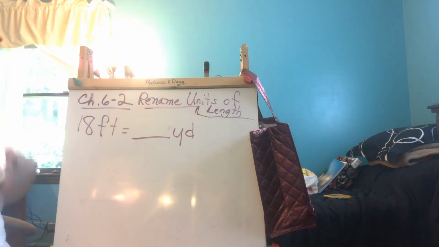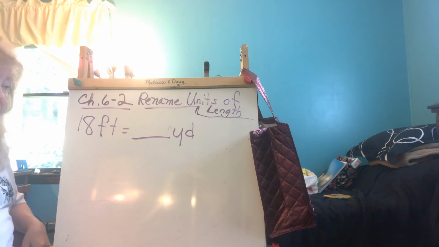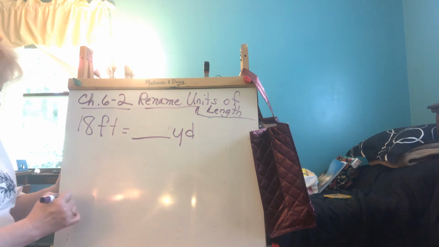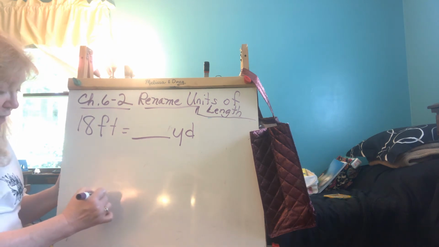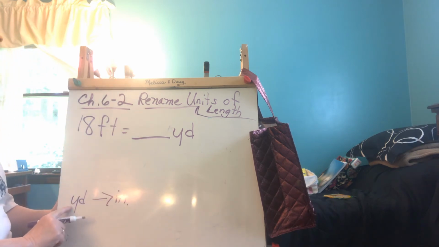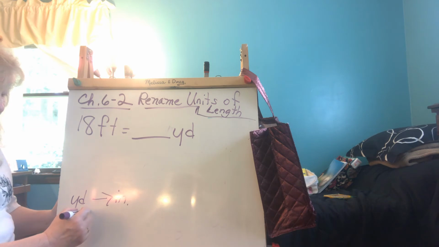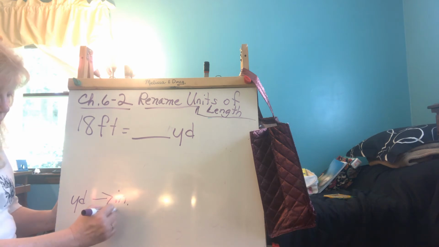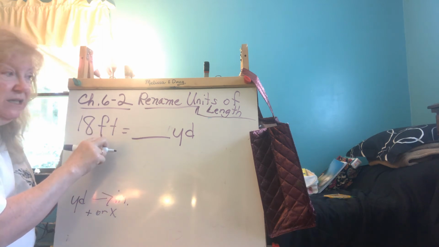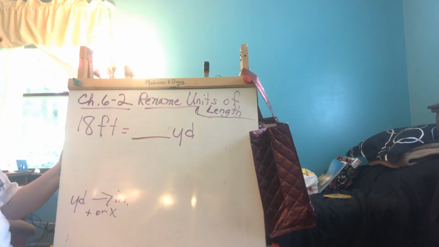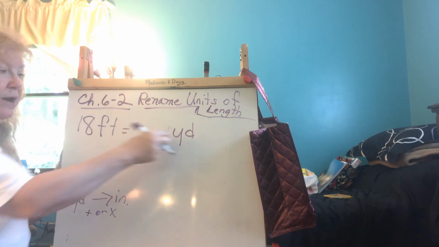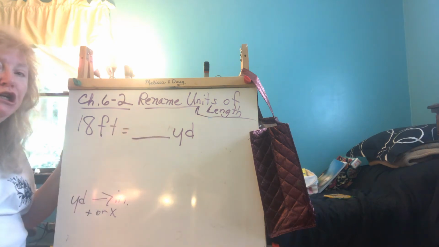Now before, we were going from yards to inches, and when we did that, because this was bigger, we had to either add or multiply. Well, now we're going for something smaller. Feet are smaller than yards. So that means the smaller unit has the bigger number, and the larger unit has to get a smaller number.